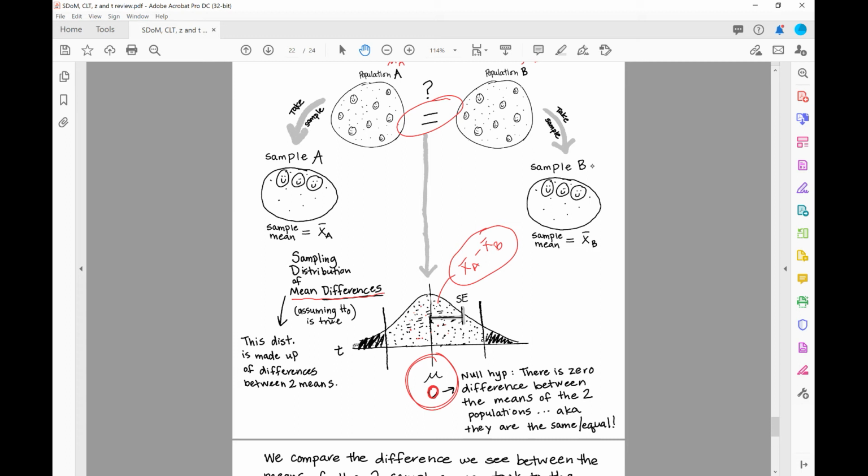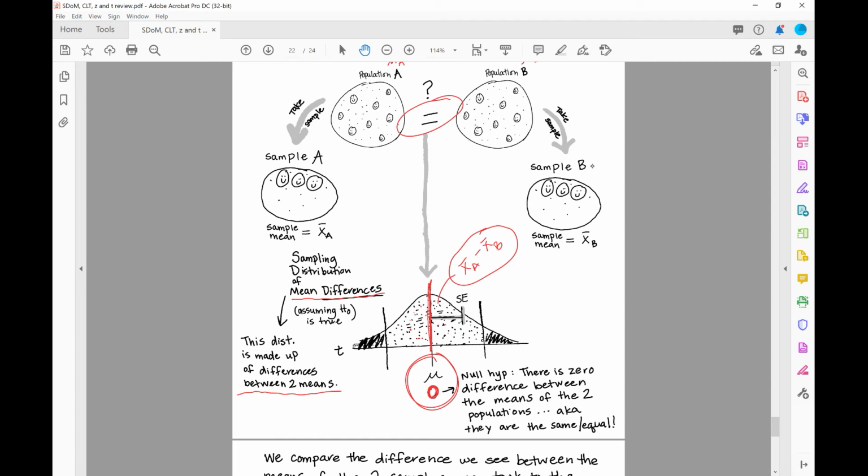So the null hypothesis, again, we're doing the sampling distribution of mean differences, because this distribution is made up of the differences, hypothetical differences between two means. And we start out by assuming there's zero difference between the means of these two populations. There's no difference.